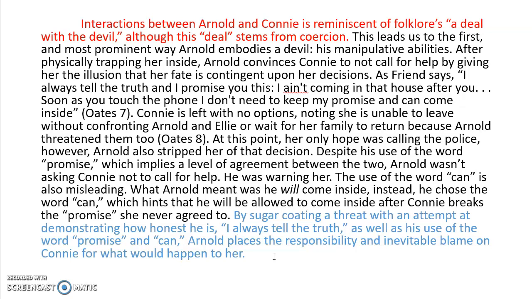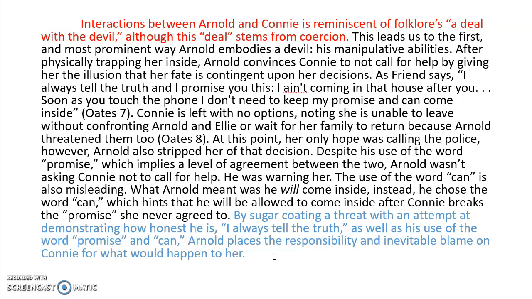So this essay is about Arnold Friend as a devil figure, and this particular student is arguing that he's able to manipulate Connie because of the way that Oates uses stereotypical traits of devilish figures throughout her short story, Where Are You Going? Where Have You Been? And it works really well here.